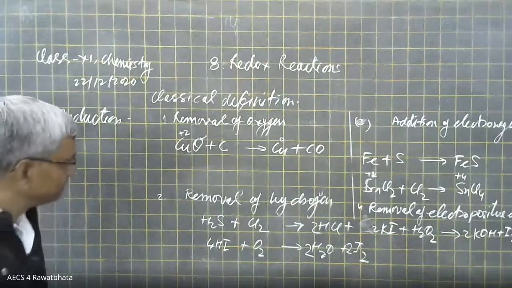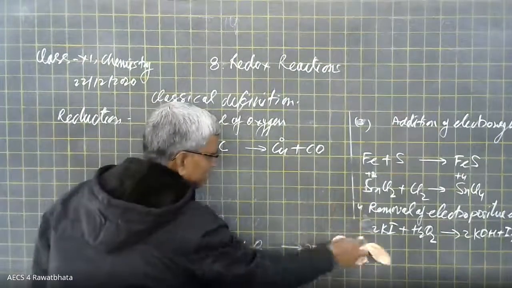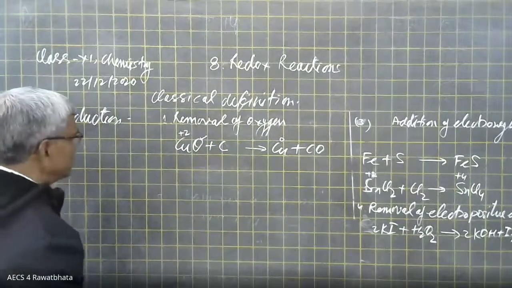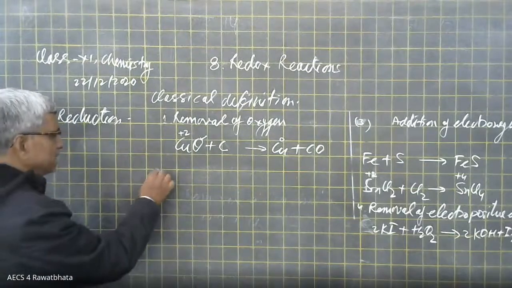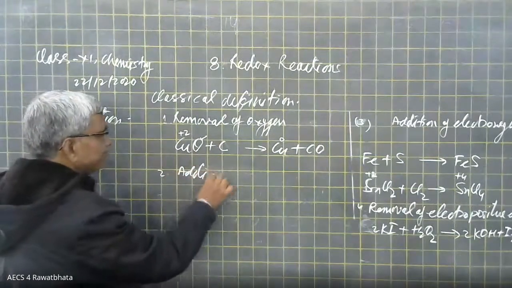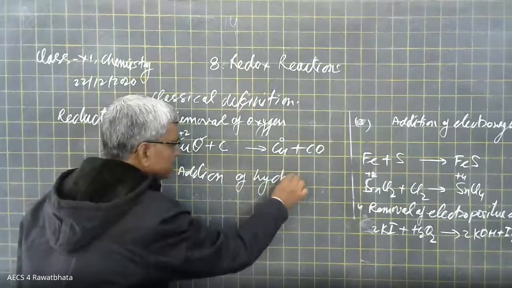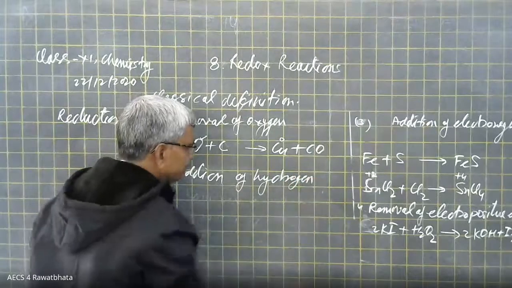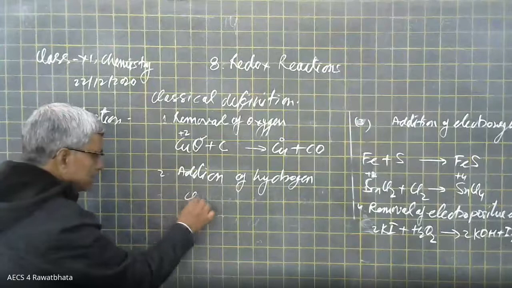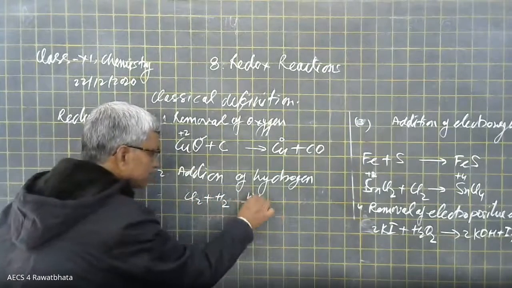Second one is, actually we are explaining only half of that. That's why I want to take a redox reaction finally. Second is addition of hydrogen. And the example is Cl2 plus H2 in presence of sunlight, h nu.